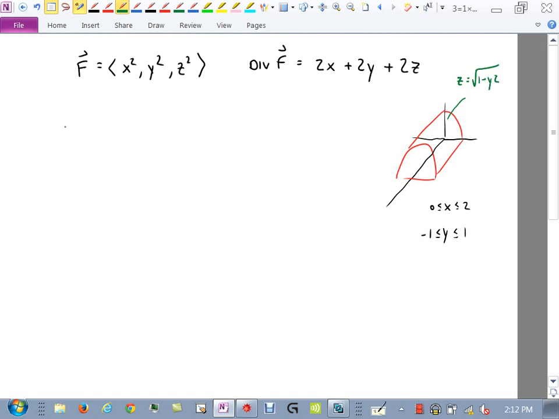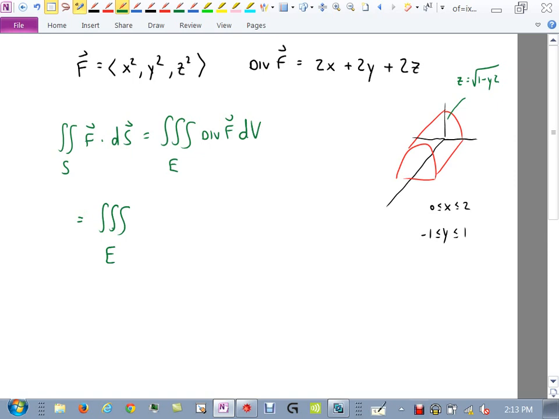So according to the divergence theorem, the flux is going to be the triple integral over E of div f with respect to volume. I'm going to pull the 2 out. How about that? 2 times the triple integral of x plus y plus z dV.